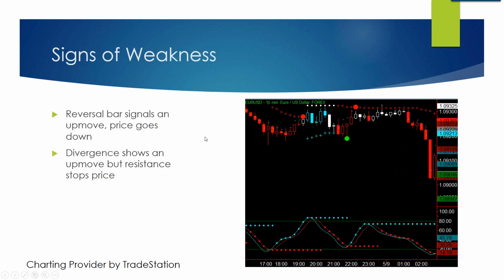Okay? In this case, what happened? This is where you had the divergence. This is where the entry was. And guess what? You have overhead resistance that stops price from moving higher. Okay? Because it stopped price from moving higher, that would have been my exit point.